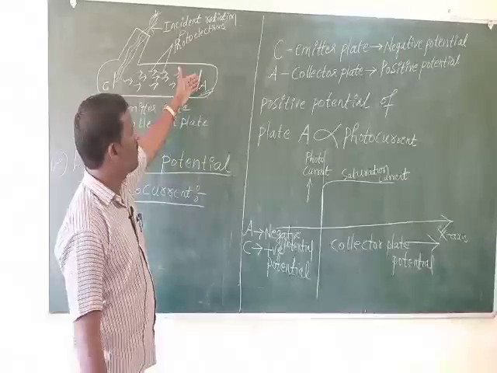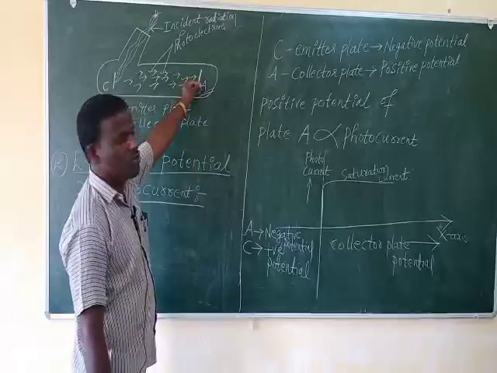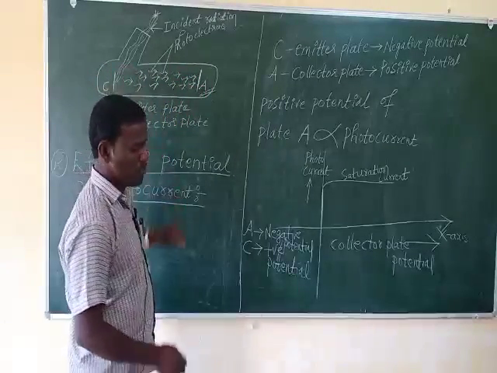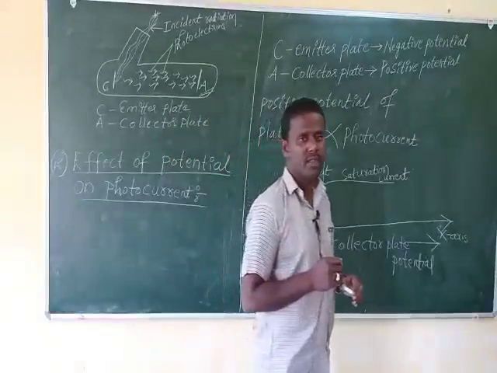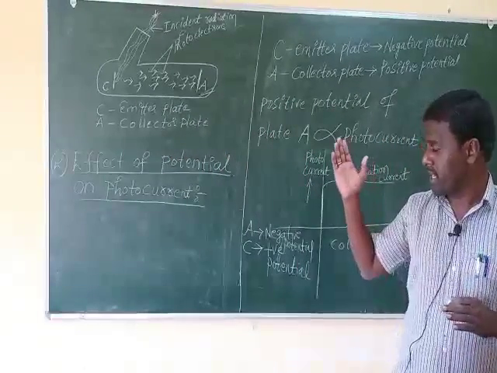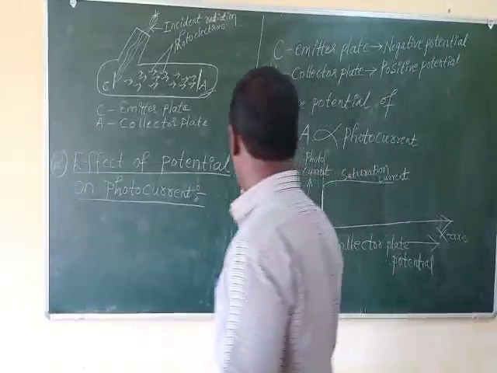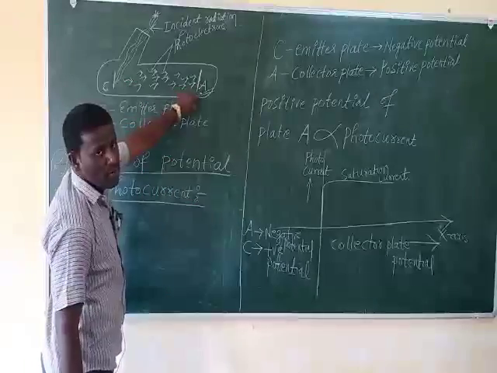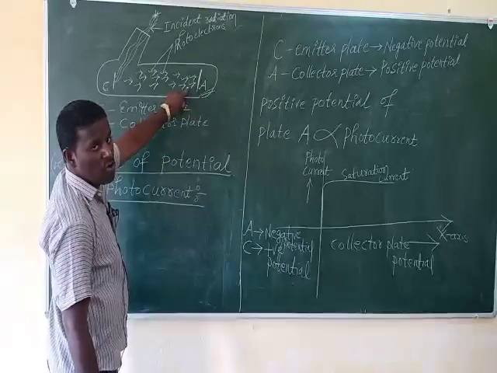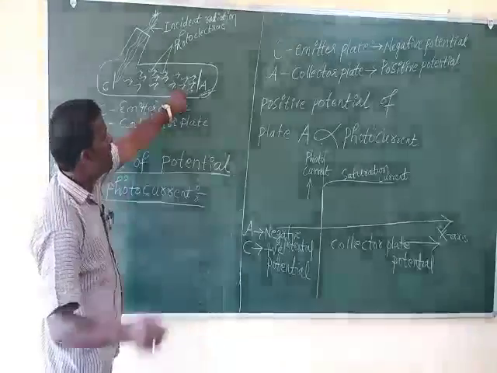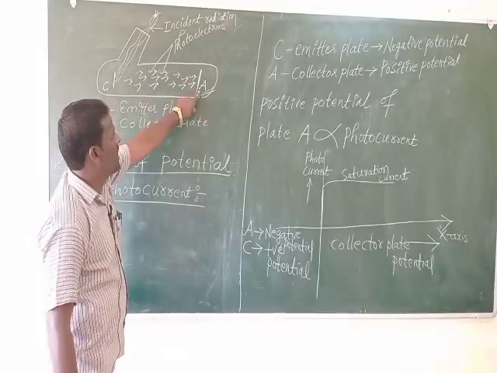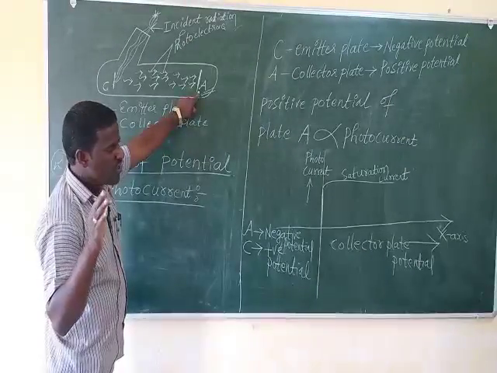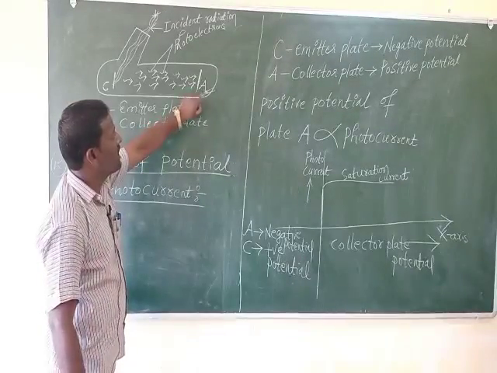If the polarity of plate A is changed, it should always be positive and C should be negative. If the polarity is reversed, immediately all the electrons are not attracted by the plate A. Now they are repelled from the plate A, so the number of electrons coming towards the plate A decreases.